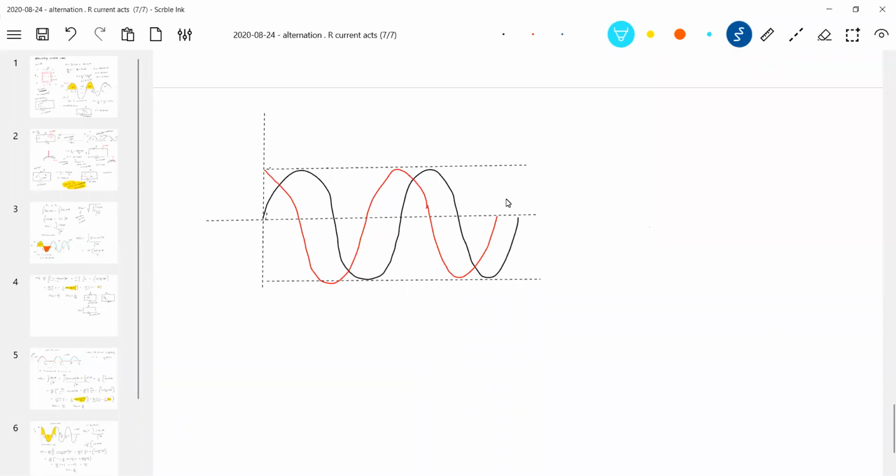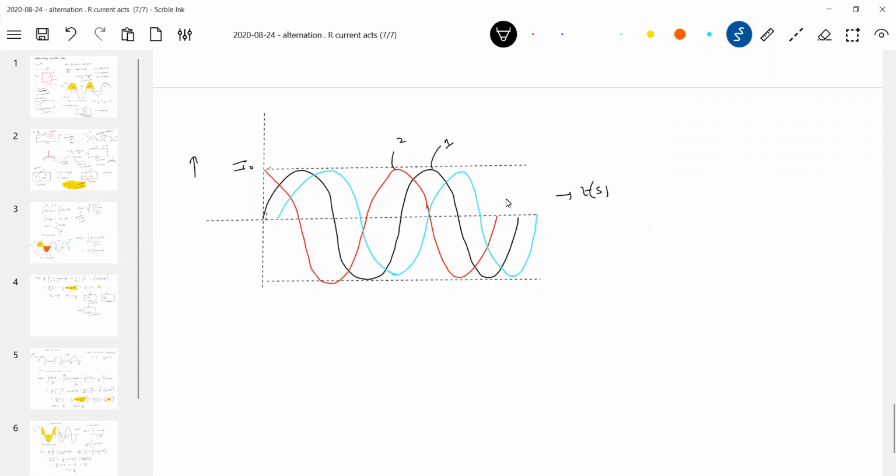Then I'll bring another wave. So there are three waves that you can see. This is I naught. There's the time in seconds. So we'll give names for them.